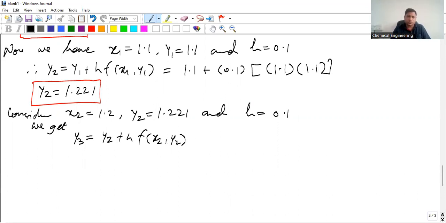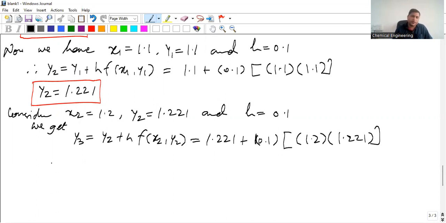So this is 1.221 plus 0.1 times 1.2 into 1.221. So we got y3 is equal to 1.36752. Very good.